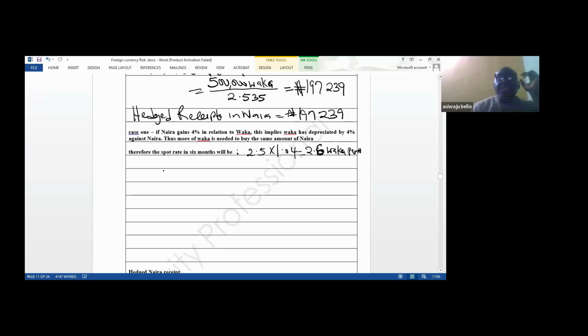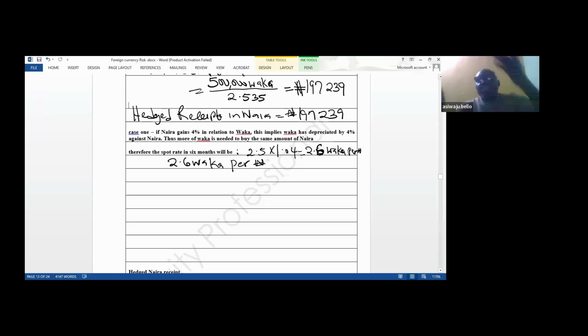That means the exchange rate, the spot rate in 6 months, will be 2.6 Waka per Naira.